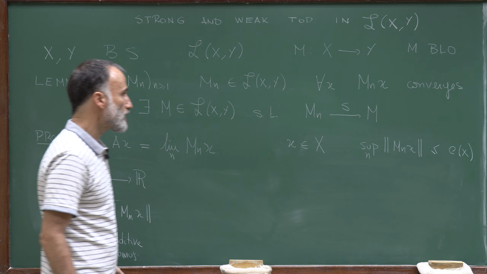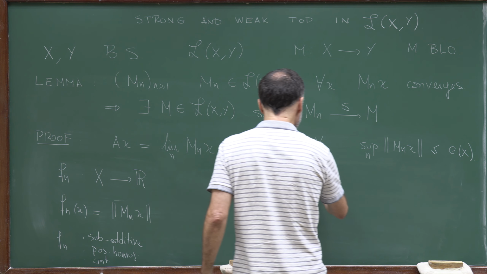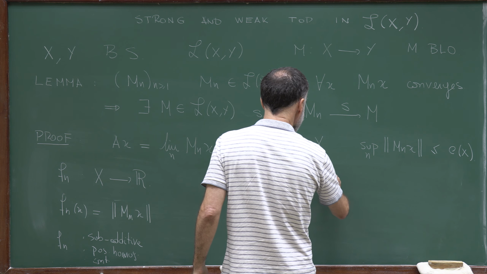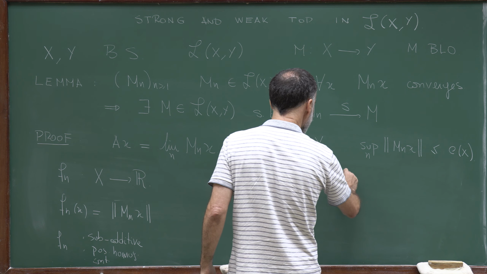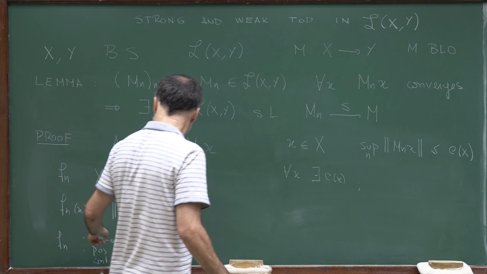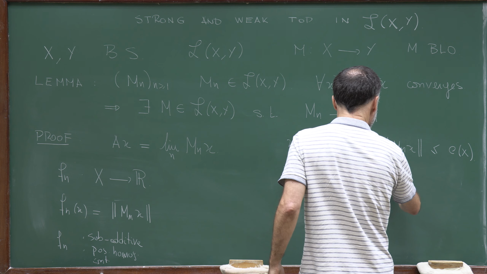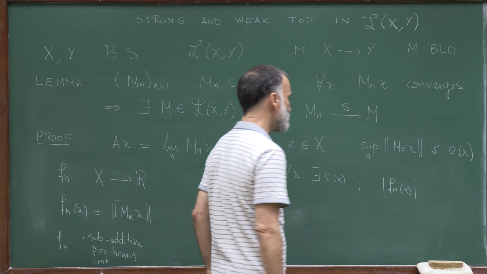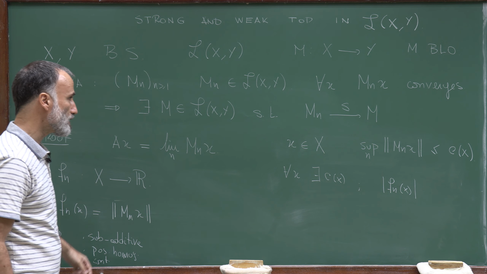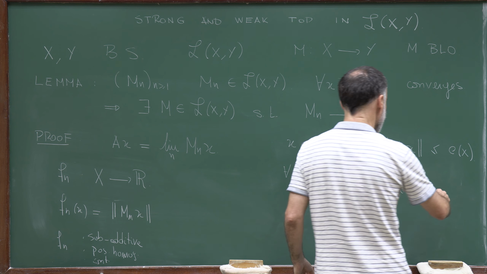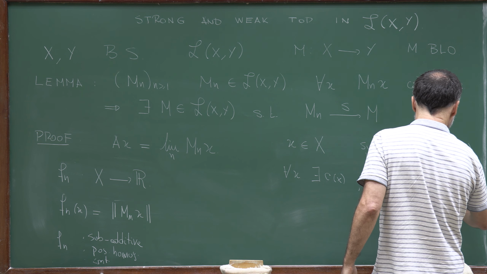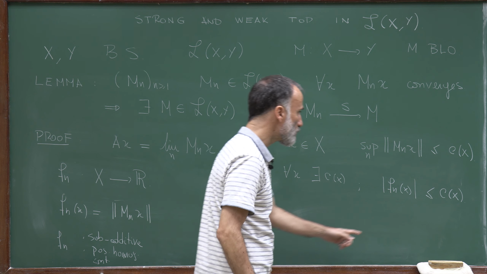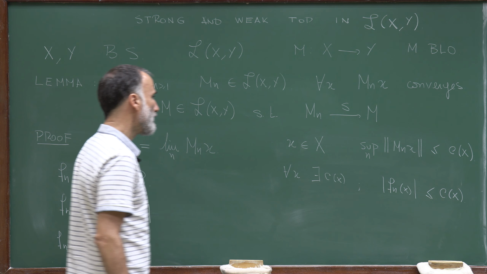So now, this is telling us that for all x, there exists a constant which depends on x, such that fn x, which is positive, so I can put the absolute value inside, is bounded by a constant which depends on x.